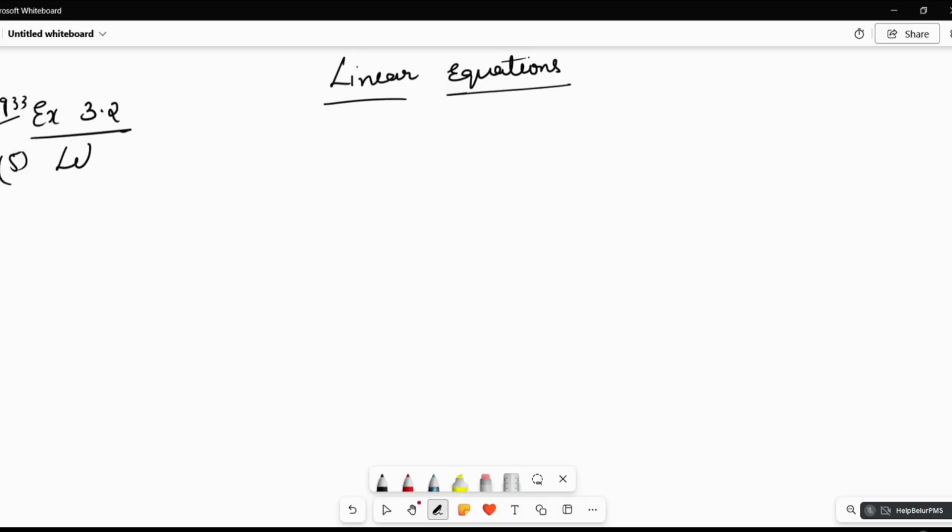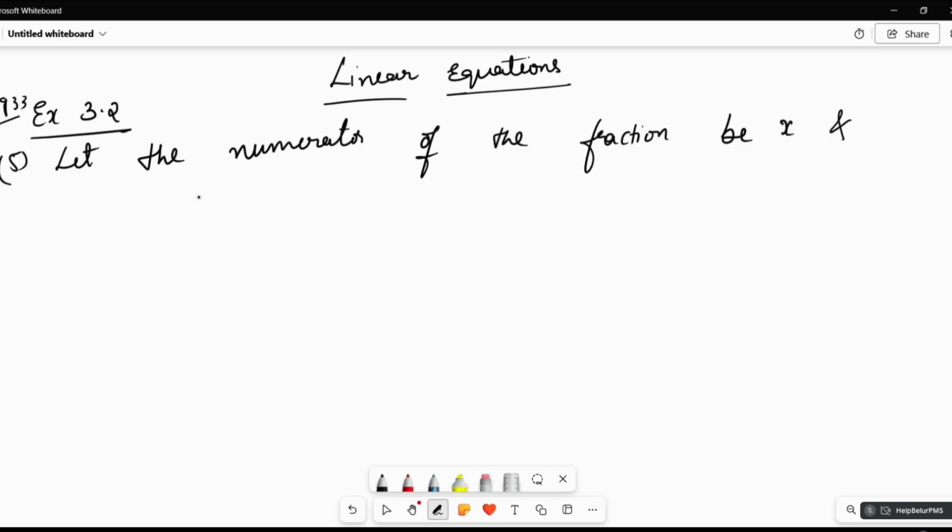So let the numerator of the fraction be x and denominator of the fraction be y. Okay, so it is a fraction.